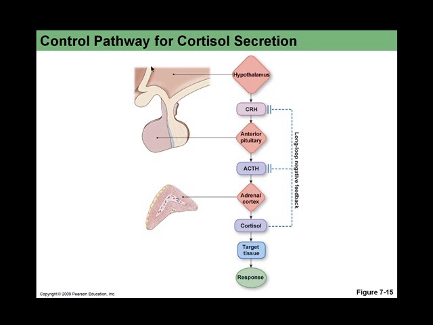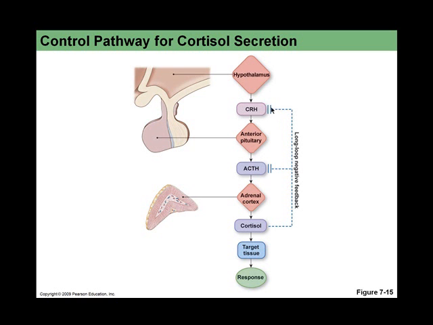So the control pathway for cortisol secretion is what we can consider in this slide then. And we are seeing the gland 1, gland 2, gland 3. Hormone 1 is the corticotropin-releasing hormone, targeting anterior pituitary cells that synthesize and secrete ACTH, hormone 2, targeting cells of the adrenal cortex that synthesize and release cortisol, and then the cortisol in the blood will have the negative feedback.